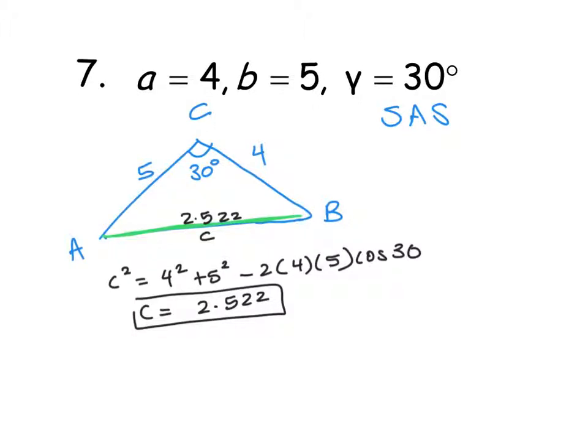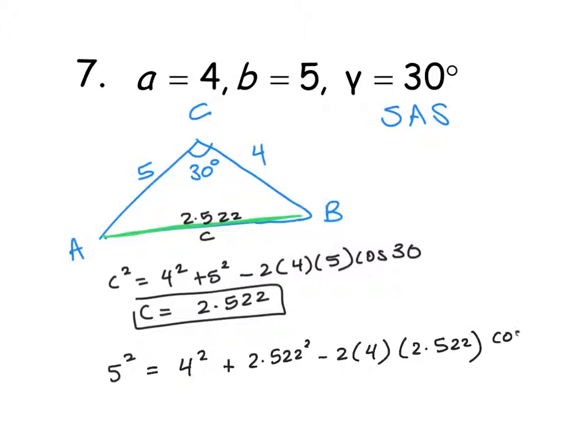So then 5 squared equals 4 squared plus 2.522 squared minus 2 times 4 times 2.522 cosine of angle B.